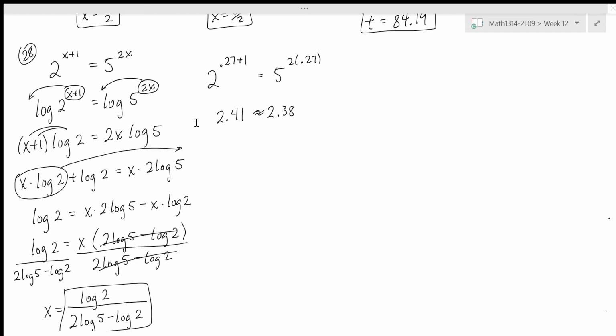plus 1 equals 5 to the 2x. Did y'all happen to see that I just typed in the exact equation, and what did Desmos do? Drew a line. Where's that line?